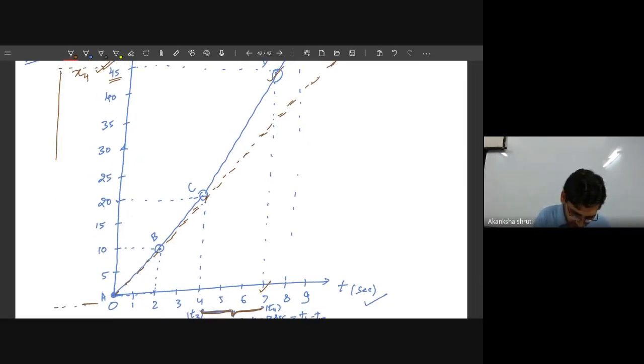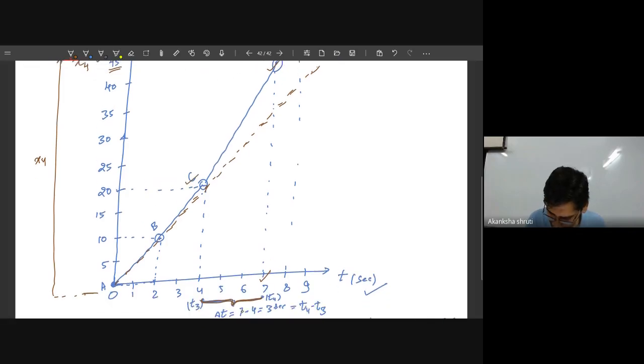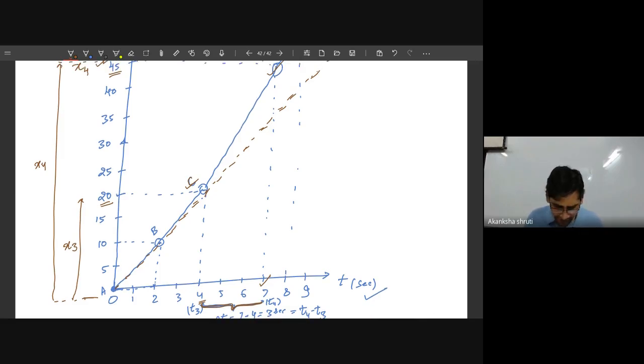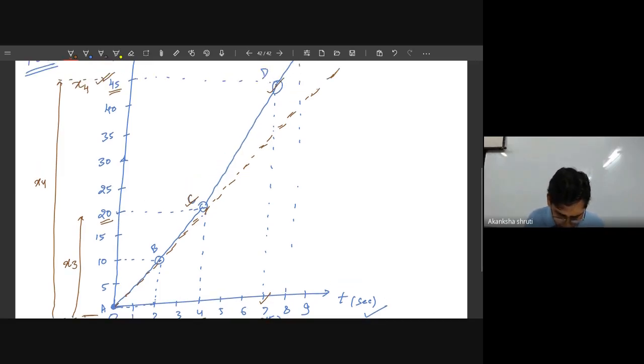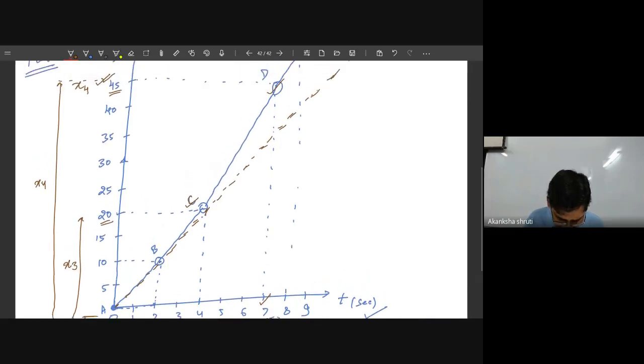And what is the position at t3? It is C. At 4 seconds you go to this point C, and corresponding to C you observe it is 20. So from here to here, it is our x3. Okay, student? So if anyone asks you what is the displacement of the body from 4 second to 7 second, what is that displacement?